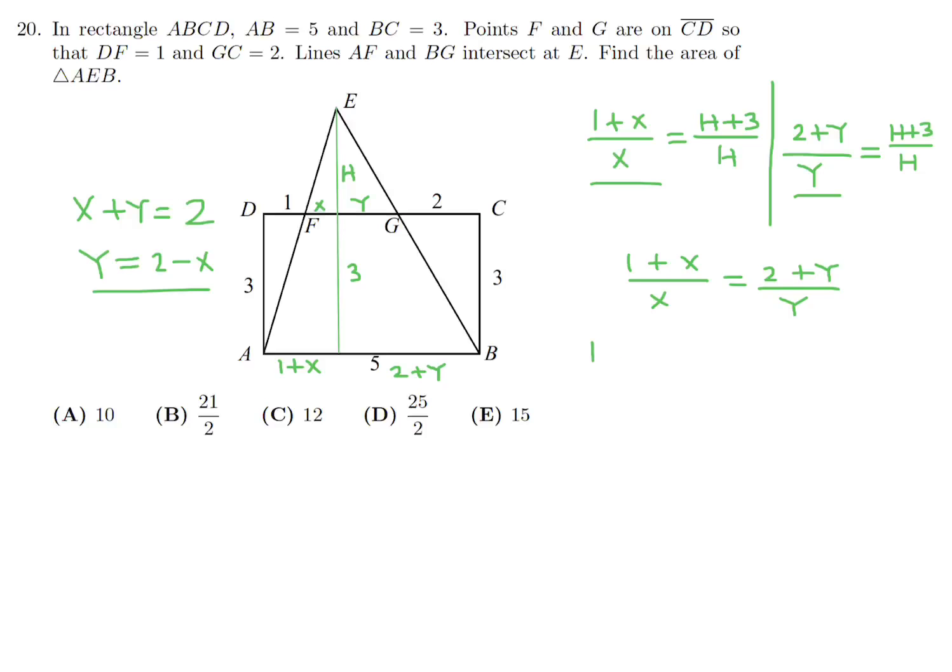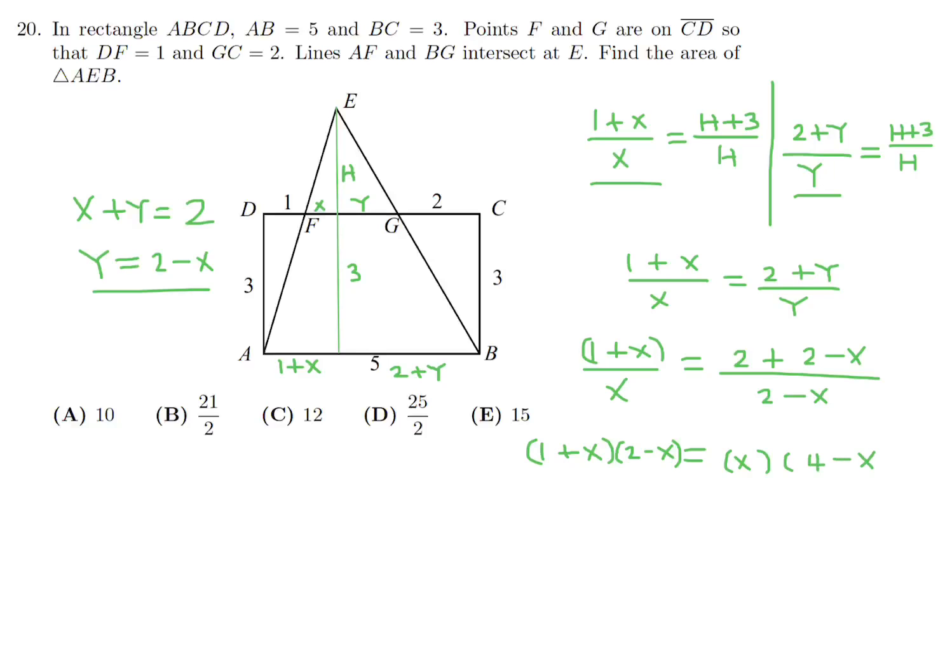So we got 1 plus x over x is equal to 2 plus y, but y is 2 minus x. And we put that in on top and bottom. And now we can cross multiply. So we've got 1 plus x times 2 minus x, and then we have x times 4 minus x.